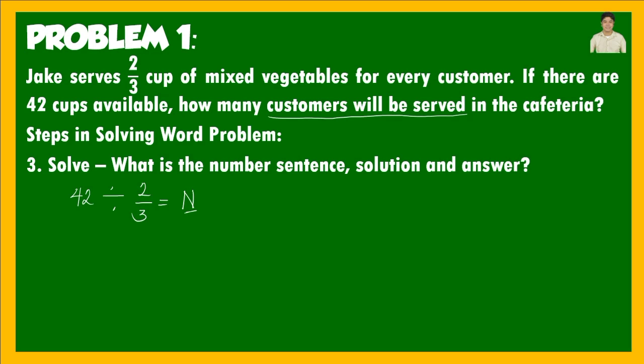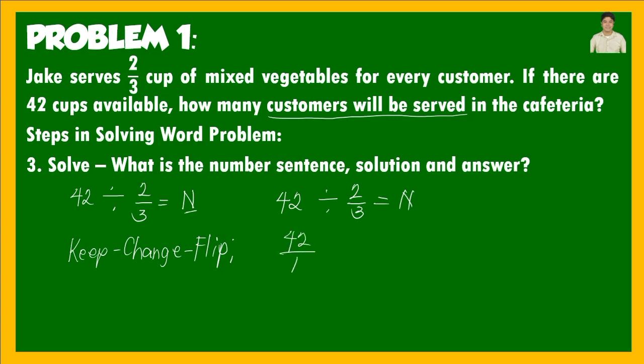So, let us apply keep, change, and flip technique. Ayan. So, dito muna tayo. Rewrite lang natin yung number sentence. So, lagyan po natin ng denominator na 1 yung ating dividend. So, yung whole number natin. So, 42 over 1 divided by 2/3 is equal to n.